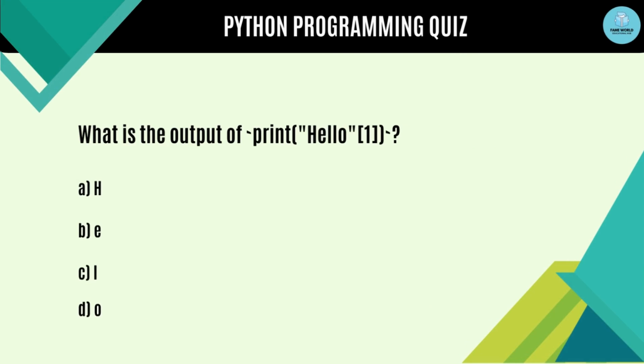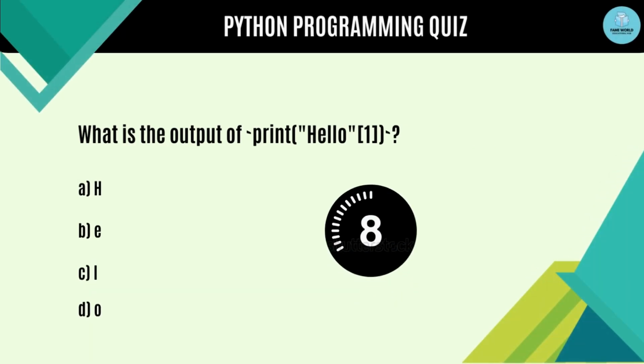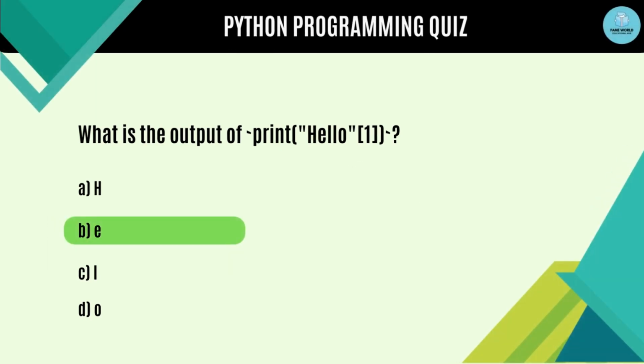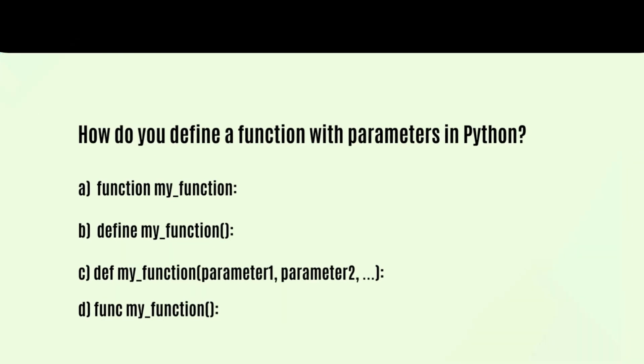What is the output of? How do you define a function with parameters in Python?